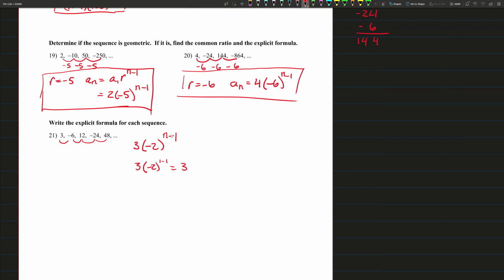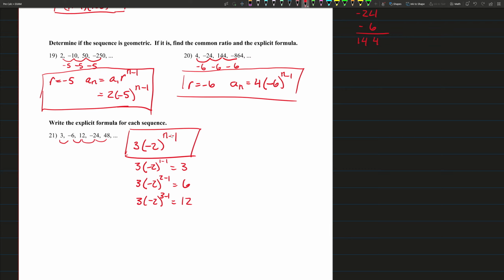If we plug in 2, we should get -6. -2 to the first, that's just -2. -2 times 3 is -6, so that works. And then we can check one more. -2 squared, that's 4. 4 times 3 is 12, so that works. So then this is our nth term.